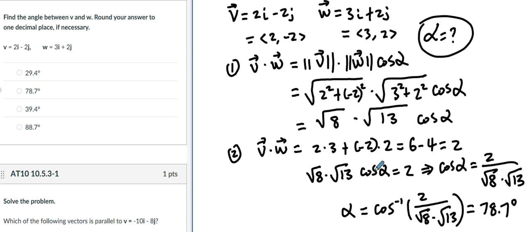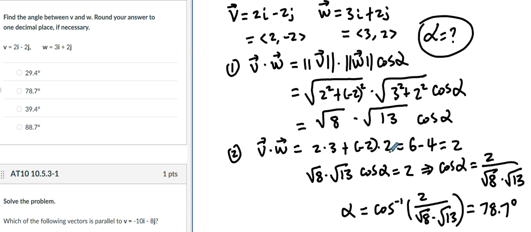Another way, by theorem, we can calculate the dot product of v and w as x times x plus y times y. So it's 2 times 3 plus negative 2 times negative 2. 2 times 3 is 6.